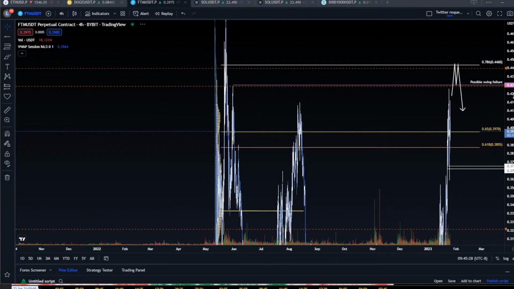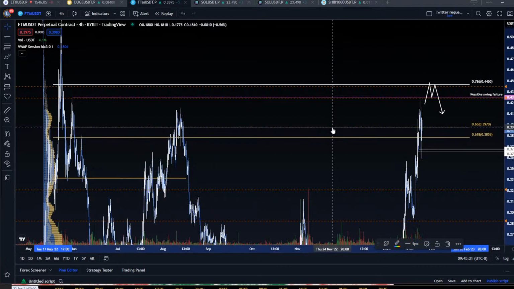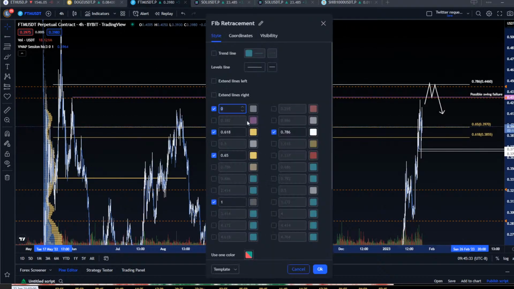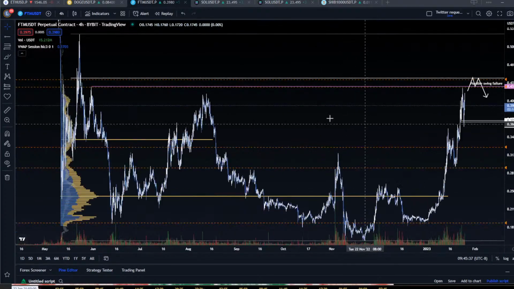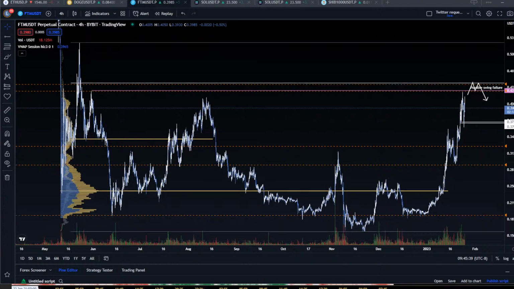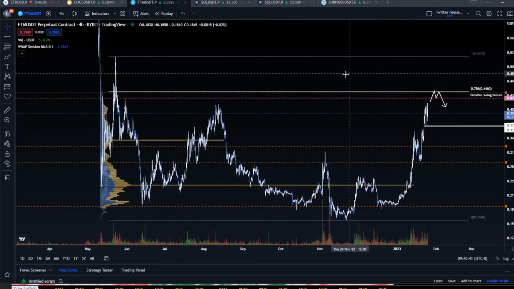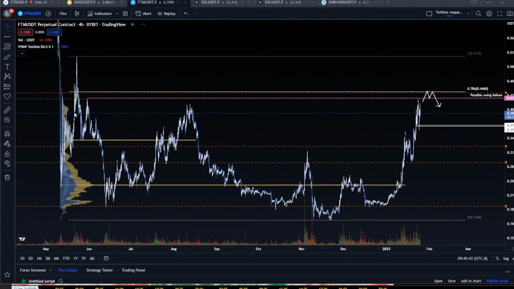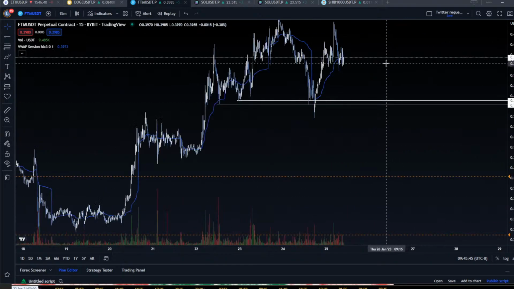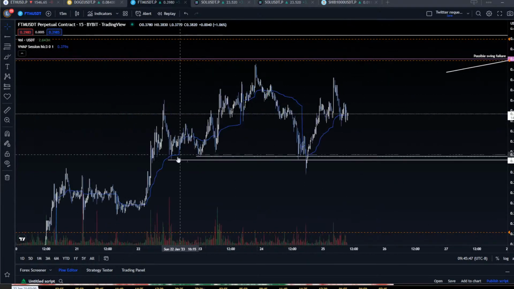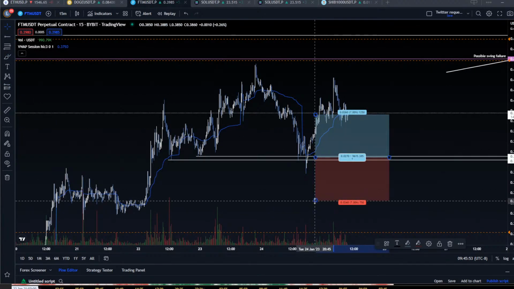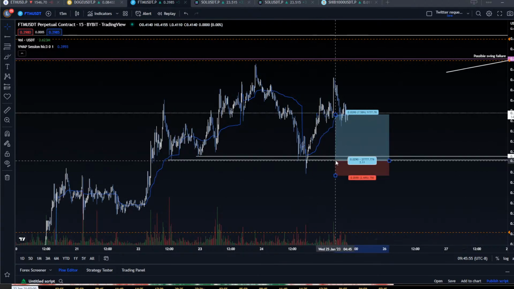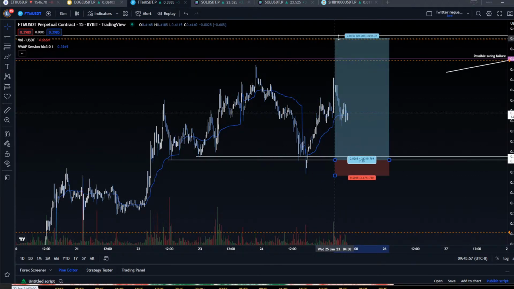I think it would be interesting for FTM to come up and sweep this high into the 786 for a potential short idea. We also had a really nice swing failure last night of this low. Just a sweep of these lows produced a somewhat interesting long setup.